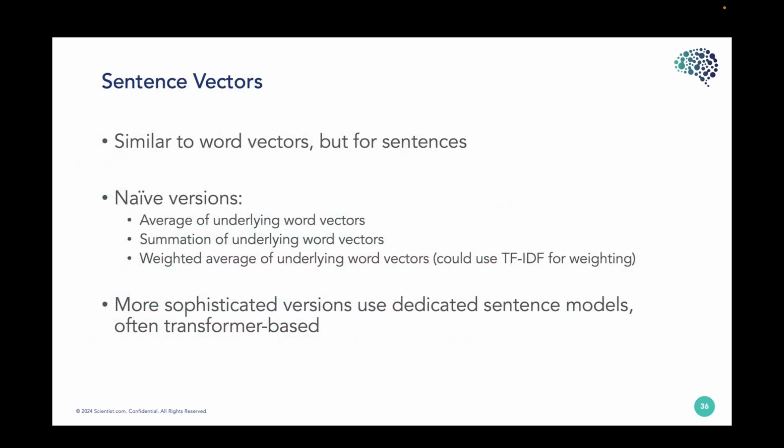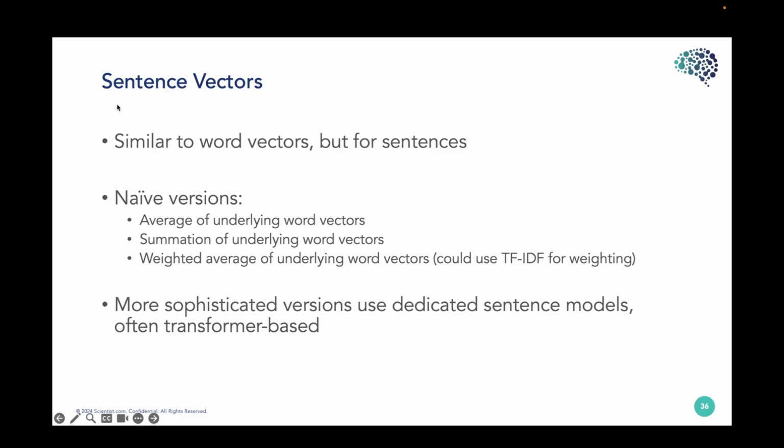I did want to mention a couple of other things here before we get into examples. So we talked about word vectors, token vectors. You can create similar vectors for larger pieces of text. You can create sentence vectors, you can create document vectors, and they're all based on word vectors. So to do this, you're going to start with word vectors basically all the time.